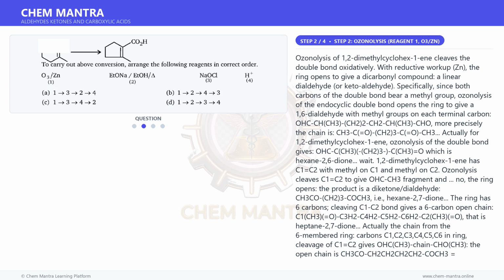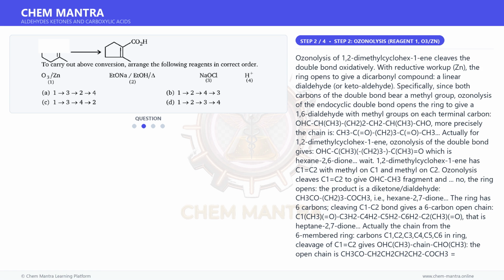Moving on to the next step. Ozonolysis of 1,2-dimethylcyclohexene cleaves the double bond oxidatively. With reductive workup, Zn, the ring opens to give a dicarbonyl compound, a linear dialdehyde or ketoaldehyde.